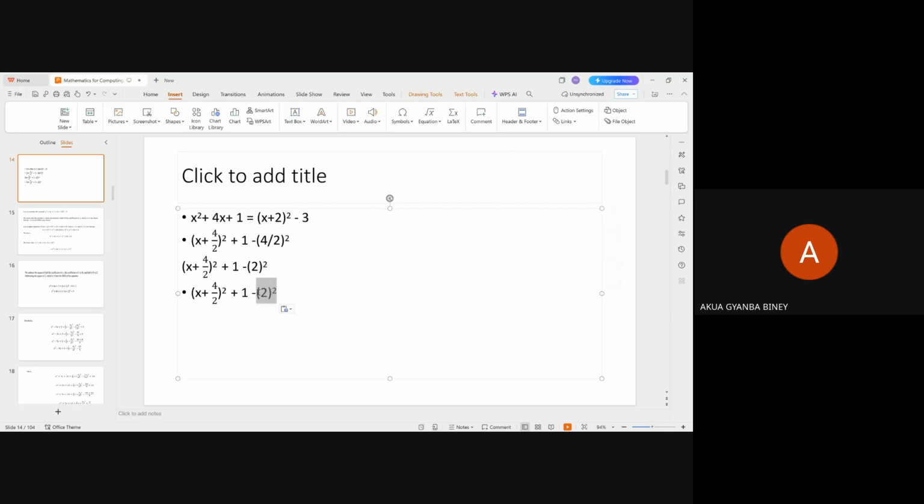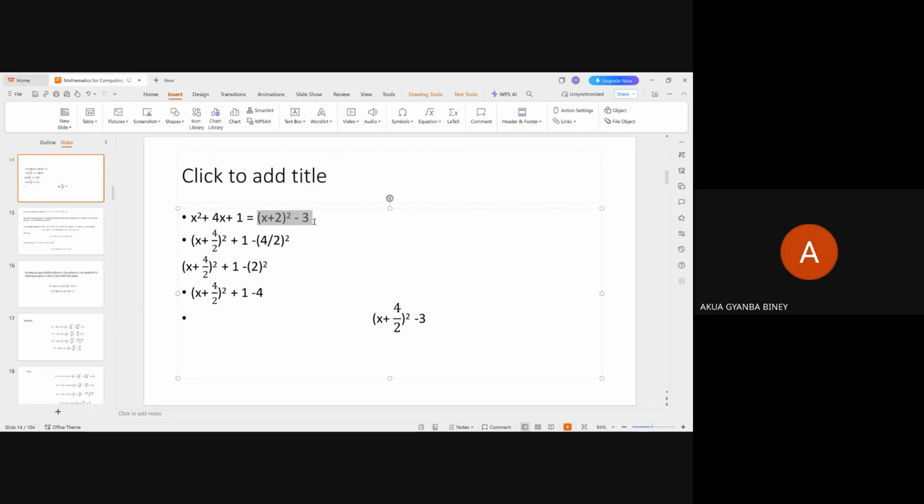And then this, if we simplify, gives us 4. So 1 minus that 4 is what gives us this. So then we have put this equation in this form.